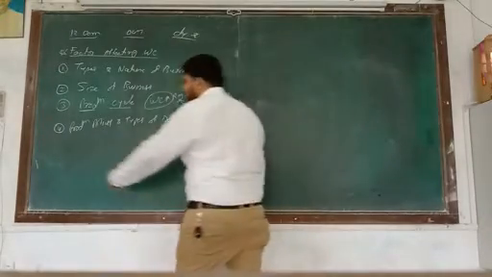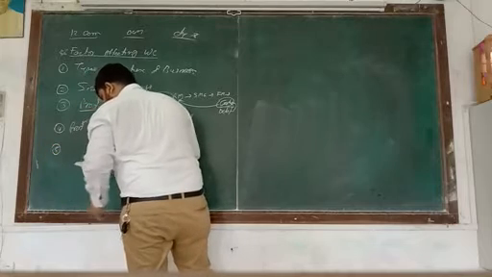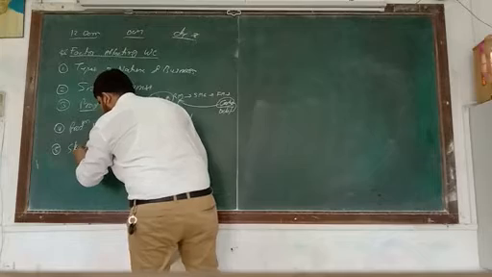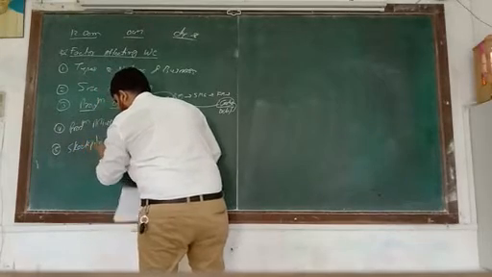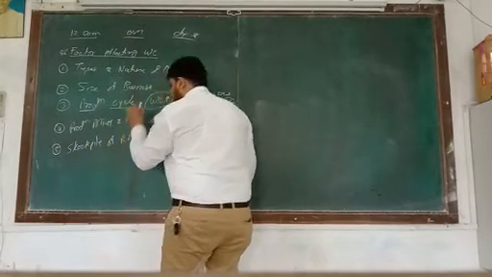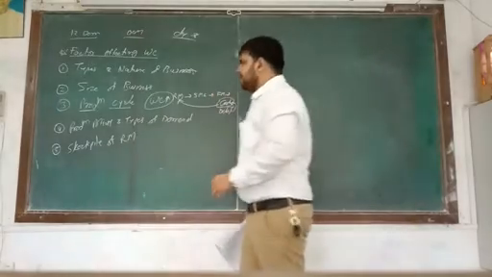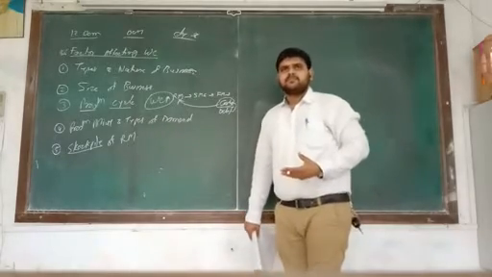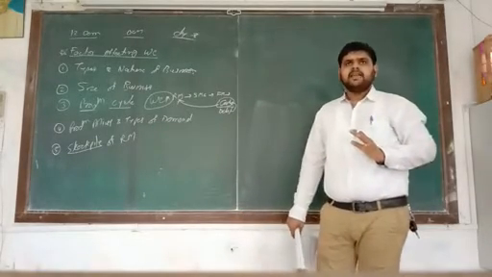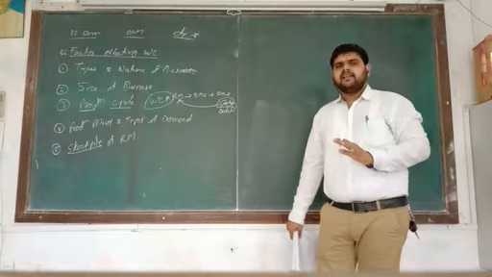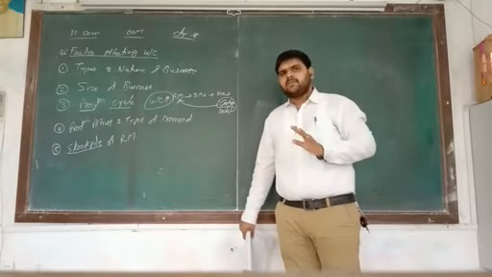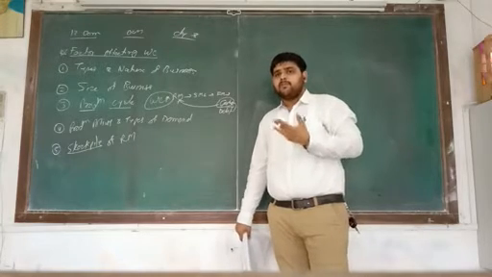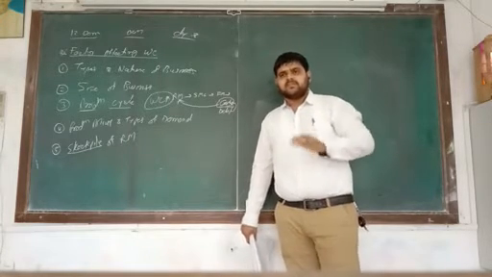Next, number 5. The fifth one is the stockpile of raw material. It means the persons who are giving us stock of raw material. In short, we can say those are our creditors, those who provide raw material to us.